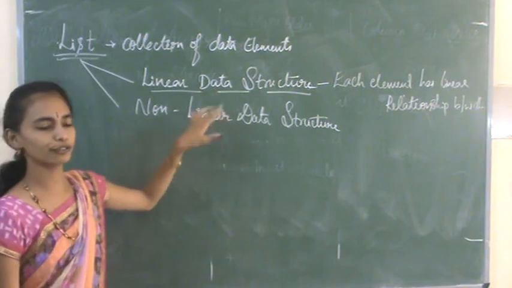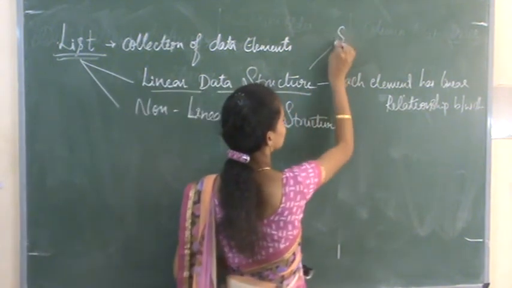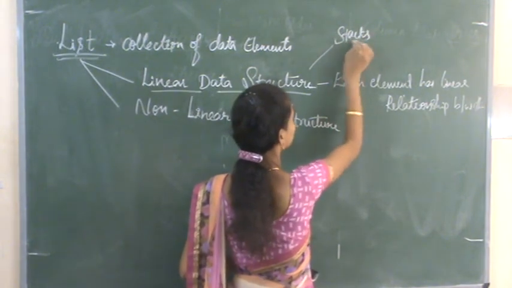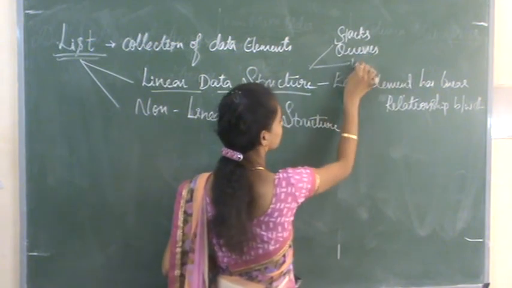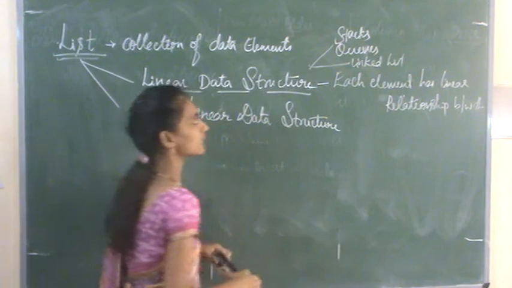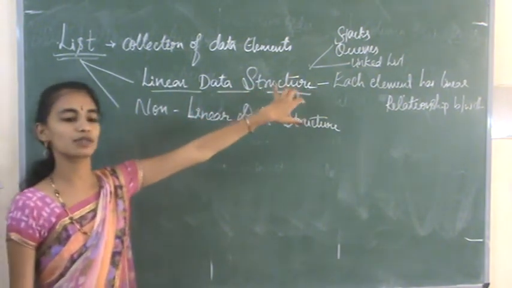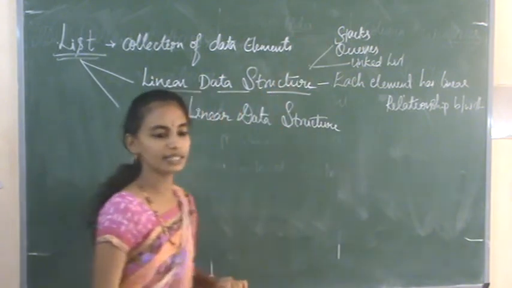It has different types: we have stacks, queues and linked lists. These are the examples or different types of linear data structures. These things will be studied in the next class.